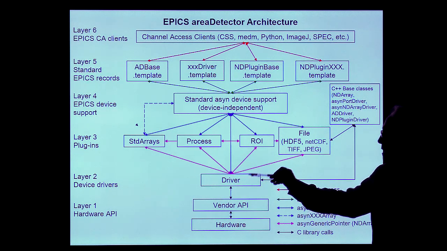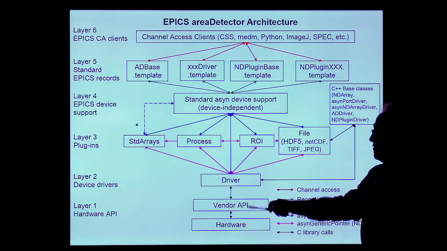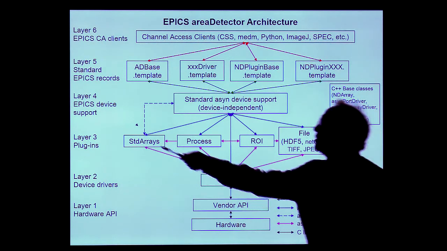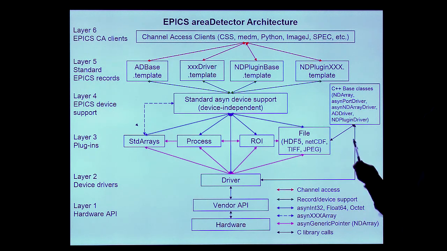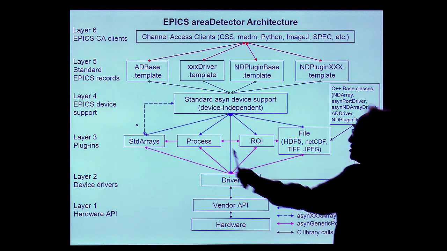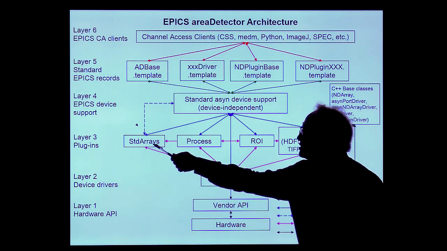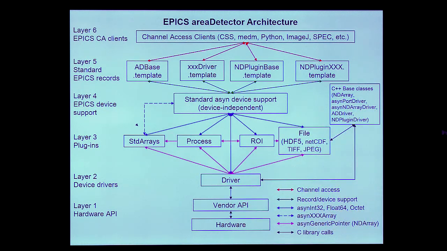And then above that is this layer of these plugins. So every time the driver gets a new ND array, it calls all the plugins that have registered to ask to be called on each new array. So that could be a plugin that does a region of interest calculation, or some image processing, or sending the data off to a waveform record so that a channel access client can display it, or saving it to a disk file.